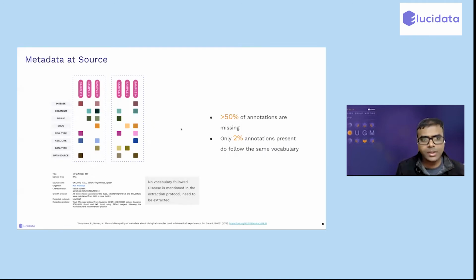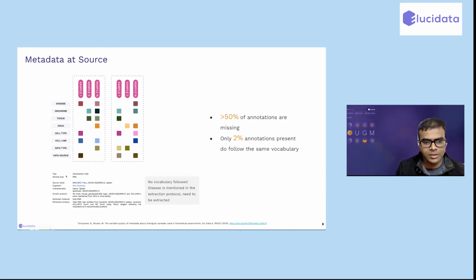Going forward, what does metadata at source look like? Is it bad, good, or what? Metadata at sources is actually in pretty bad condition. More than 50% of annotations are missing. Only 2% of the annotations follow any kind of vocabulary. The rest of them do not follow any vocabulary. For example, in the example below, you can see that the disease is mentioned, as Chef mentioned as well, but it's mentioned in the extraction protocol, and in a very cryptic way.